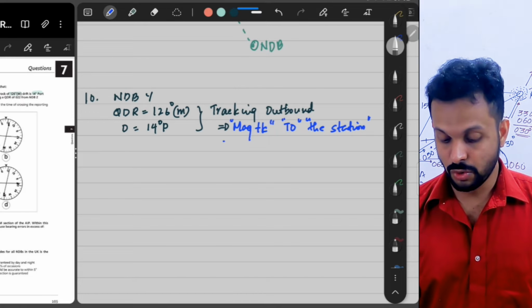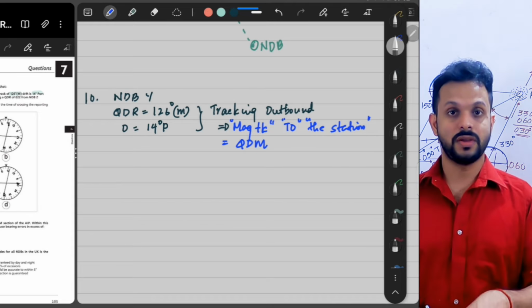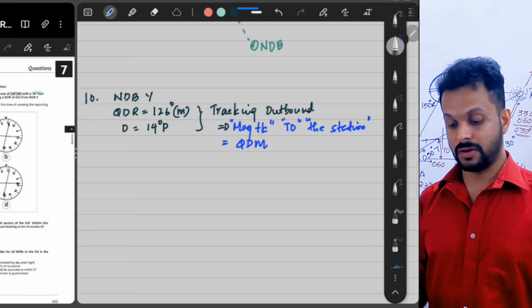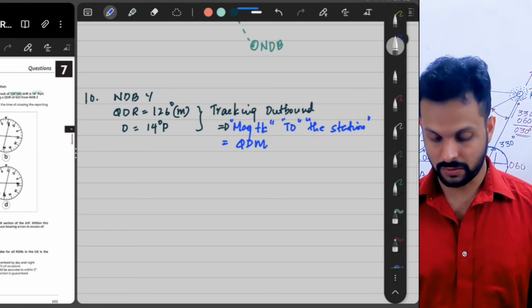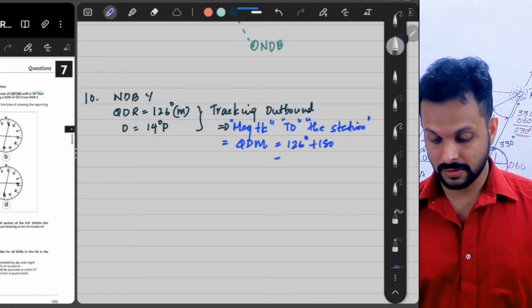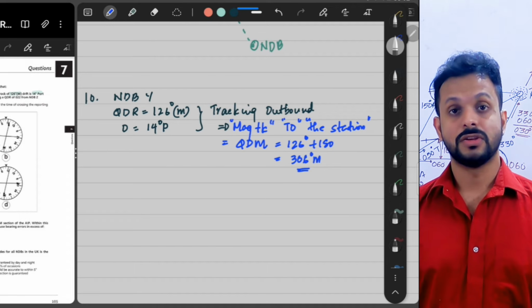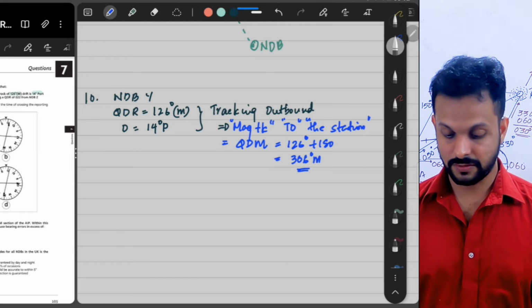And this is what we Q code as QDM. So what we have is a QDR, which is the magnetic track from the station. How will you find out QDM? It's just a reciprocal of that, right? So it is 126 degrees plus 180 degrees, and that's going to amount to 306 degrees magnetic is the track to the station. Right? Let's now draw this.